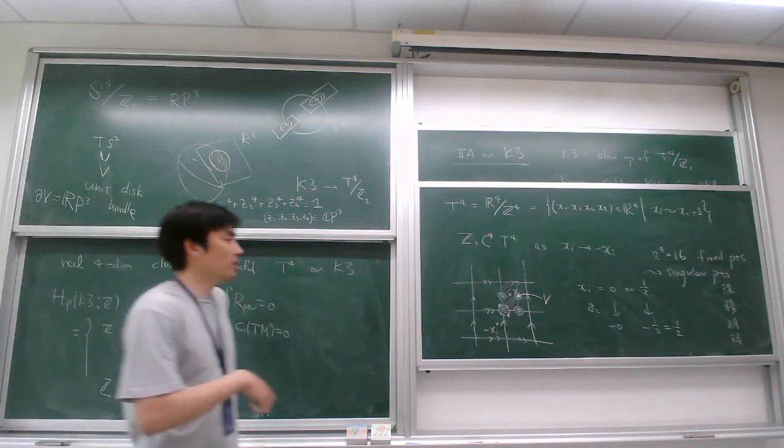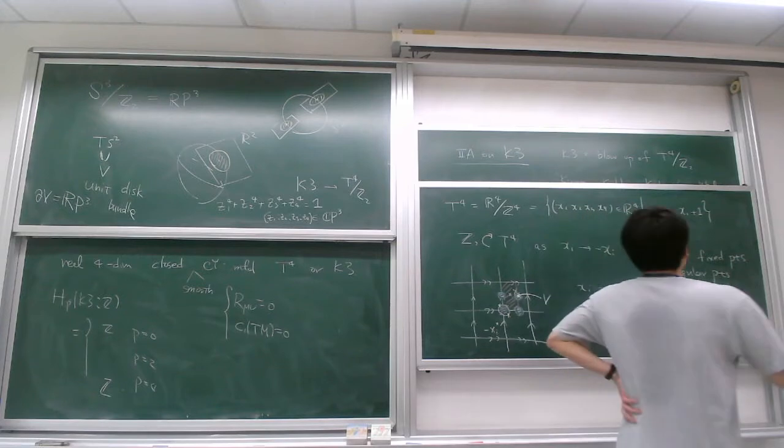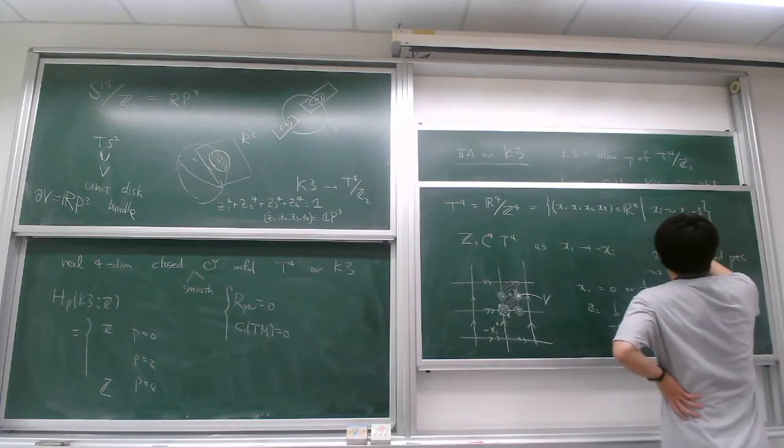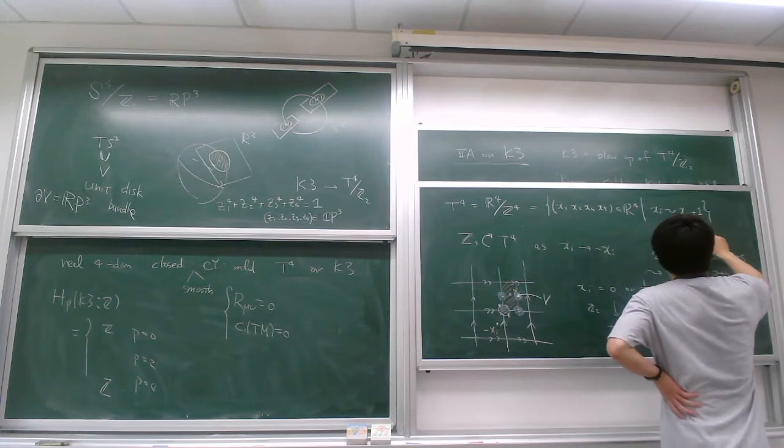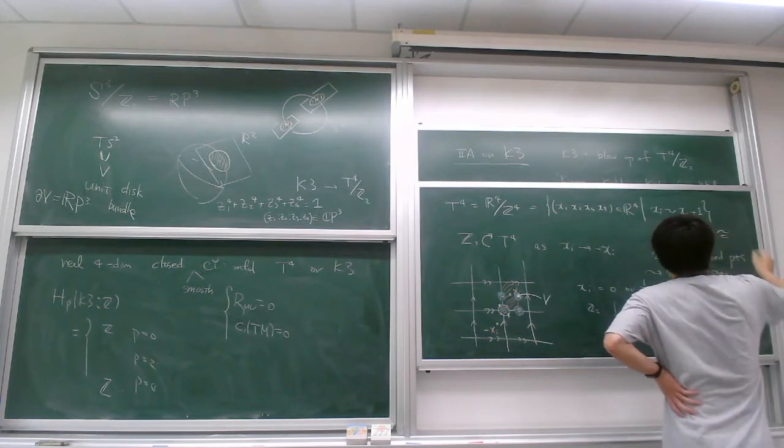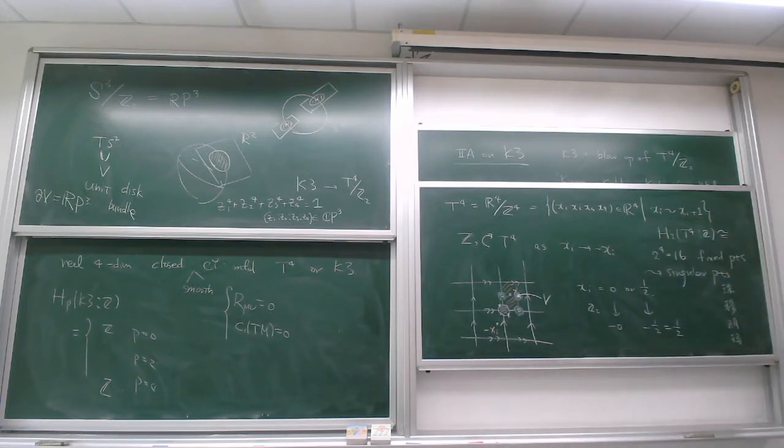And first of all, let's show what is the second homology of T4 with Z coefficients. What is the second homology group of T4?